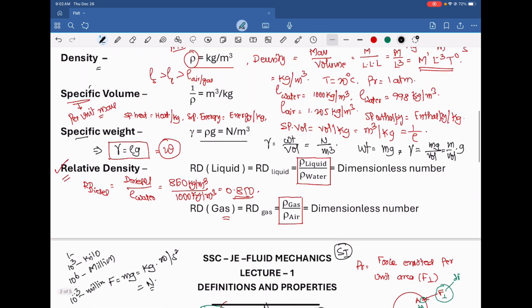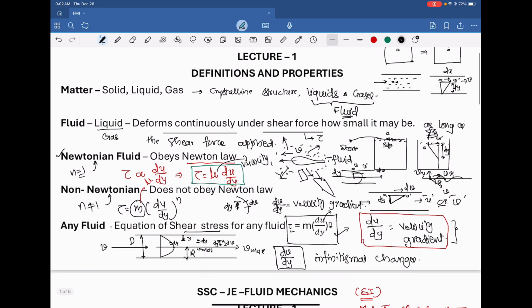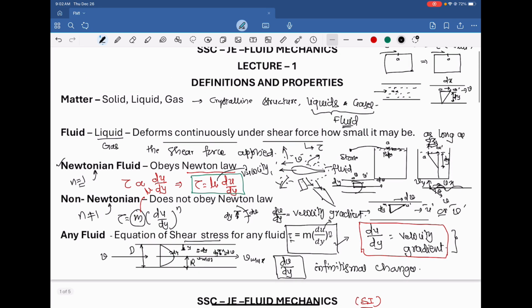Till now, what we have read is, we have defined what is matter, solids, liquids and gases, and we have understood the difference. Then for liquid, we said that it deforms continuously under shear force, however small the shear force may be, as long as shear force is applied.